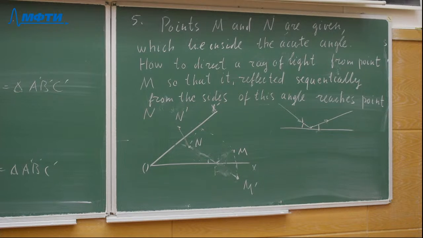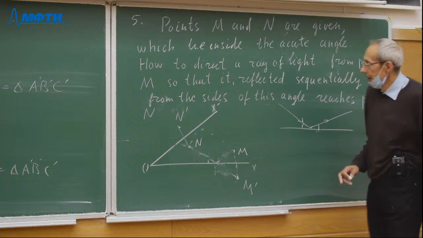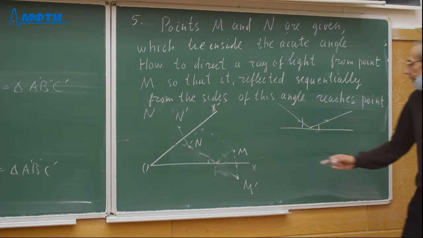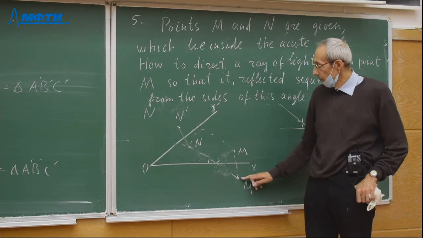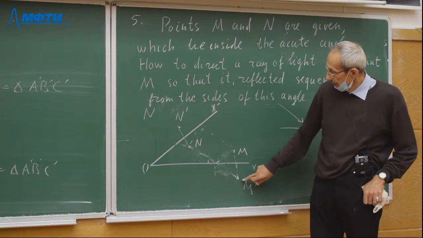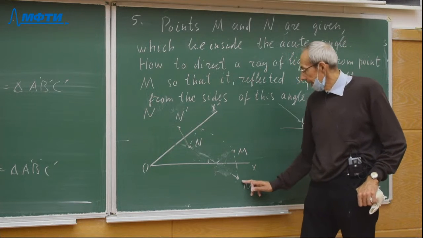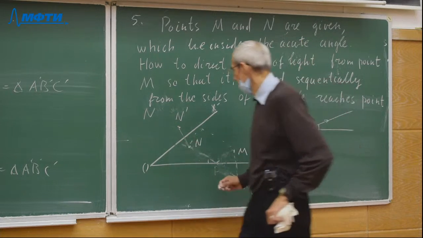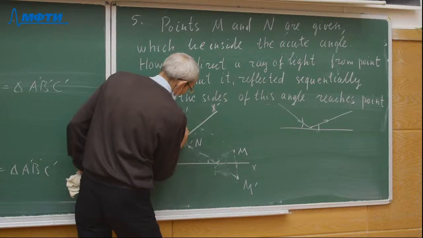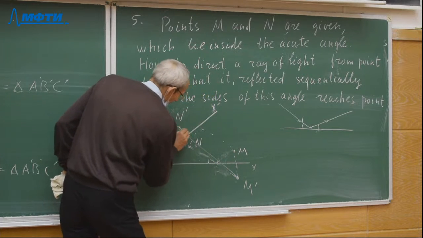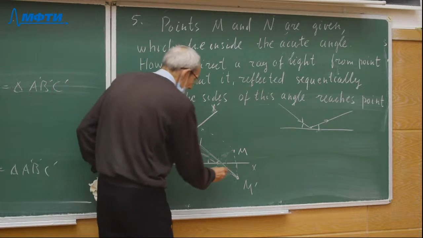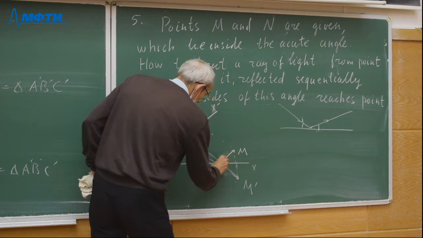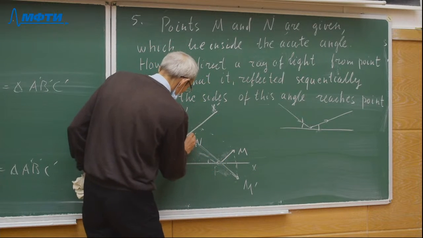The claim for the ray of light is to move so that moving from M prime to N prime is the shortest way. I assert this is the right answer.